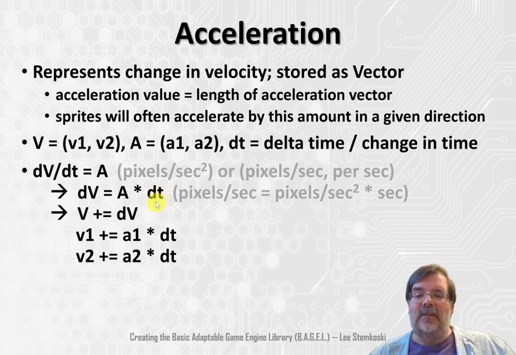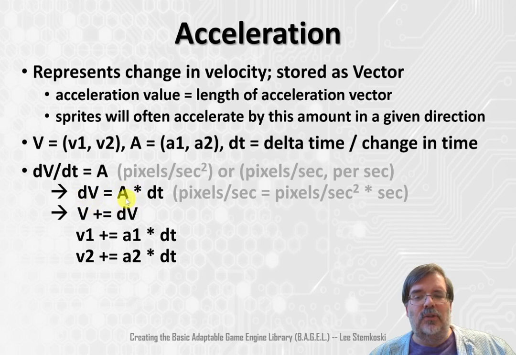So as an example calculation, let's assume your acceleration was 200 pixels per second. You're accelerating relatively fast. And if your acceleration is 200 pixels per second and a quarter of a second goes by, right, how much should the velocity change?